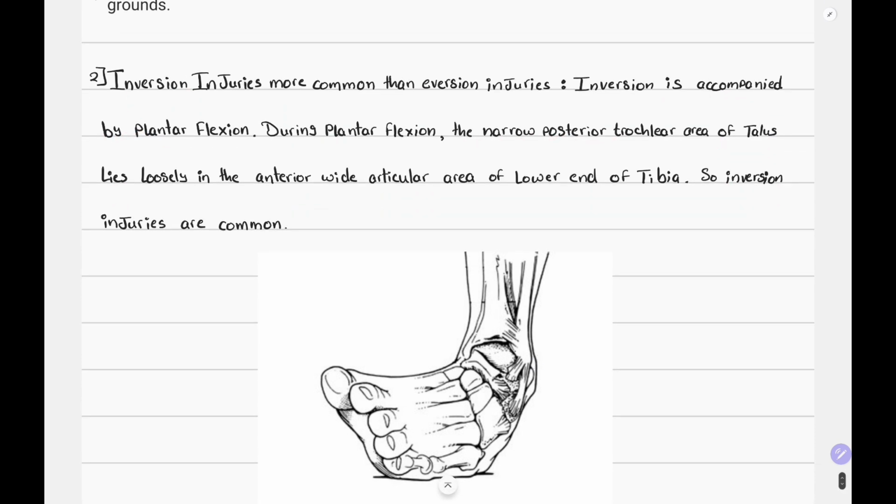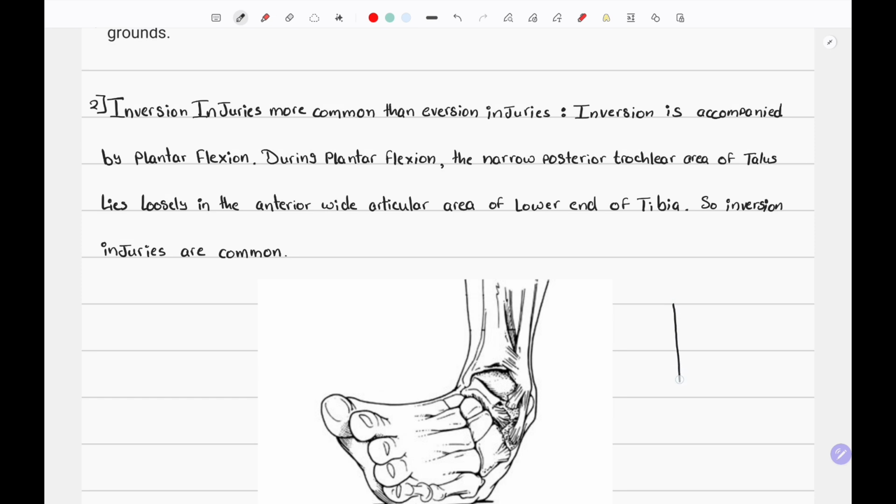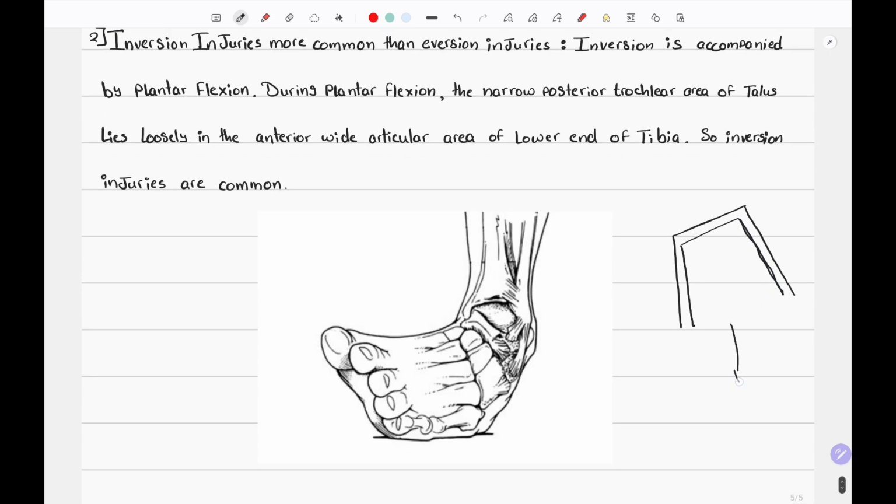So once again summarizing that point. If this is that mortise formed by the tibia fibula joint, and this is the broad trochlear surface of the talus, in plantar flexion the mortise remains the same.